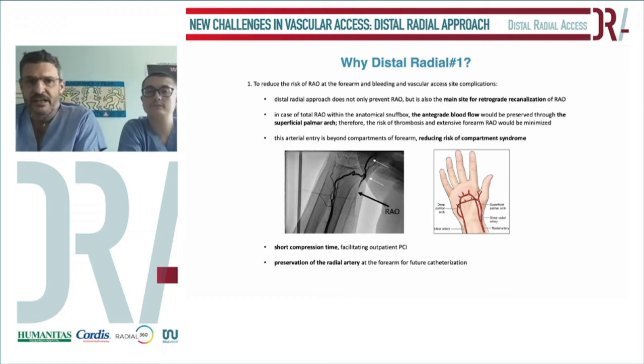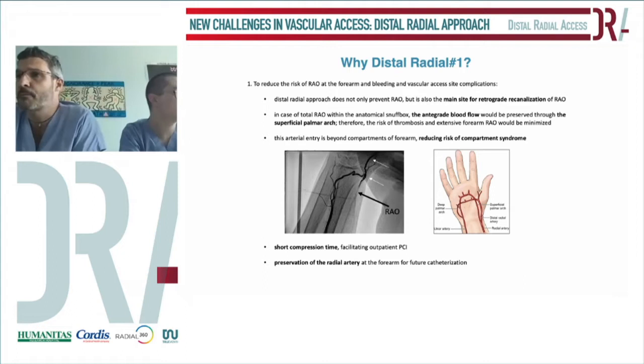And finally, the course of the distal radial artery is behind the compartment of the forearm. So in this case, we can also reduce the risk of compartment syndrome that could happen in case of large hematoma or bleeding at the forearm. Another advantage of this access is the short compression time that facilitates outpatient PCI.